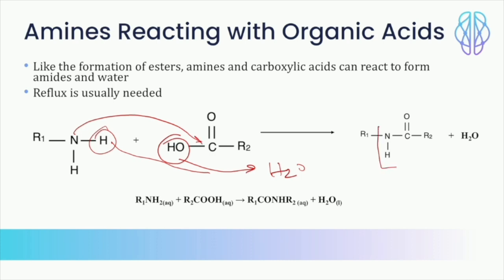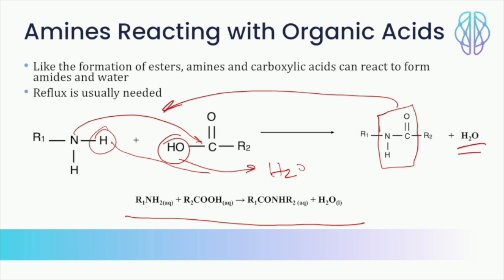So you can see that this is essentially the combination of both of those compounds with water as a leaving group. And I've got a nice general formula for you to use in the exams if you want, R1 being the alkyl group of the amine, R2 being the alkyl group of the carboxylic acid, and notice how you have the amide functional group, and on either side you have the alkyl groups contributed from the amine and the carboxylic acid. And don't forget water as the leaving group.